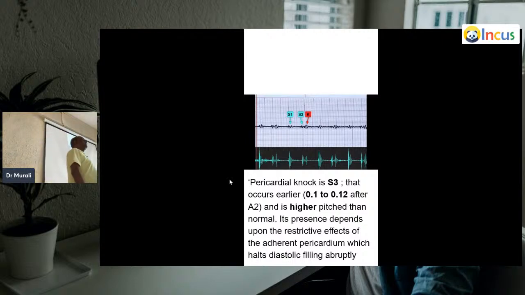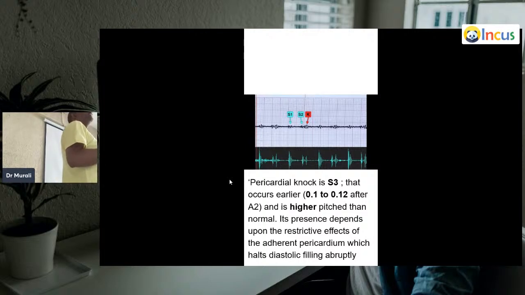So the pericardial knock is the same as S3. So it should be diastolic or systolic? Diastolic. That means it should be before A2 or after A2? Diastole is between S1 and S2, no? So that is the reason.